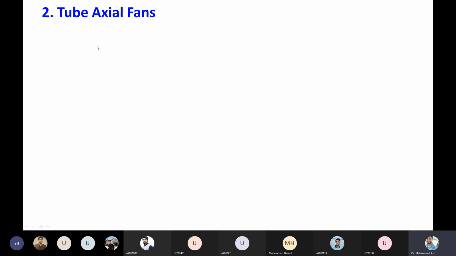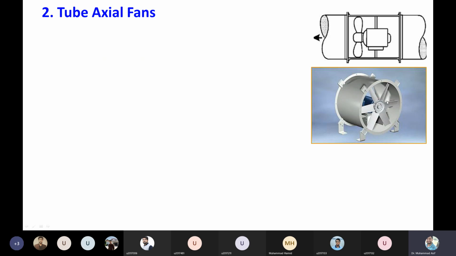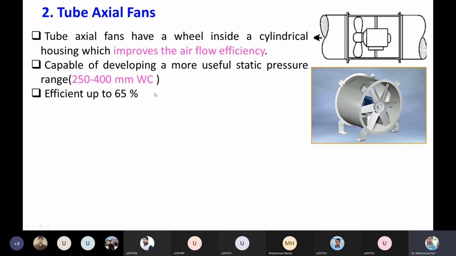The second type of axial fan is the tube axial fan. The fan is mounted inside a tube, just to increase the efficiency. When you mount an axial fan inside a tube, the losses are reduced. This is to improve the airflow efficiency. They can create a static pressure from 250 to 400 millimeter of the water column.